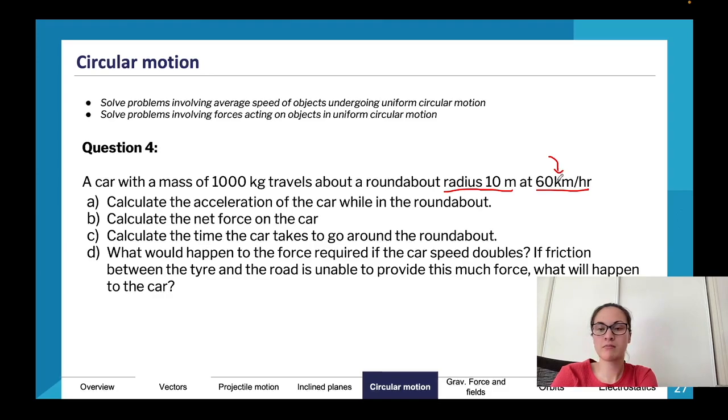To put that into meters, we need to go 60 times 1,000, so it's going to be 60,000. Now we're in meters per hour, but we need meters per second.